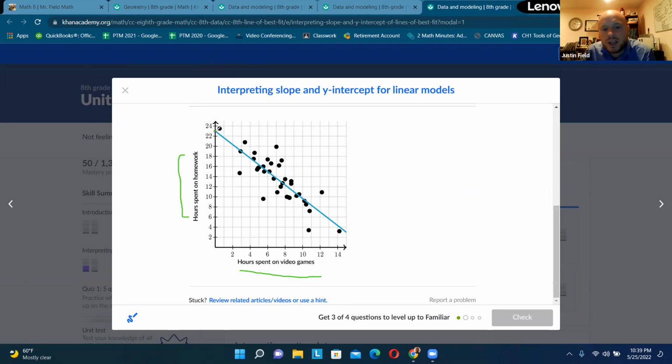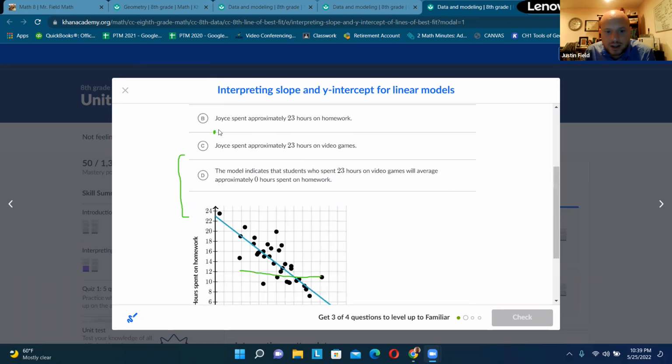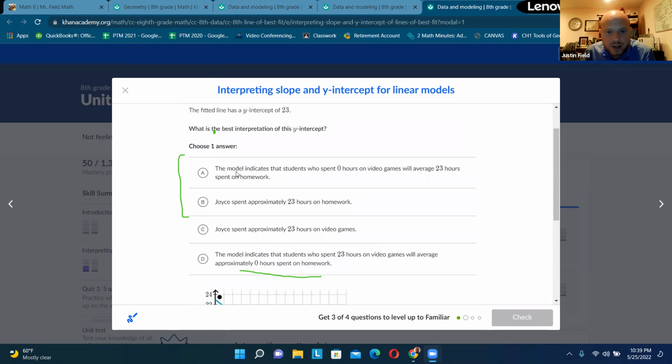And 23 is the y-intercept. So if you spend 23 hours on your homework, how many hours are spent on video games? 0. The model indicates that a student who spends 0 hours on video games will spend 23 hours on homework. Yes.